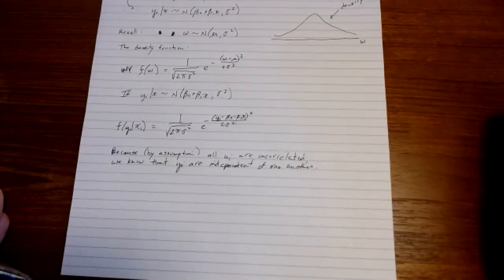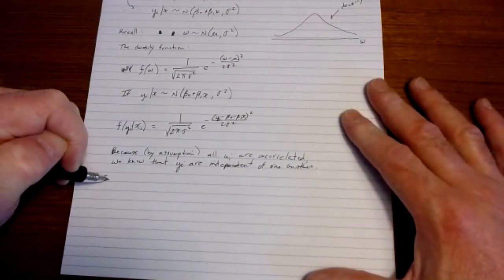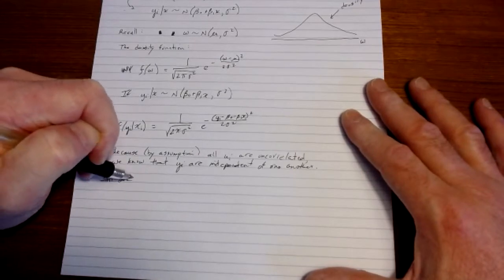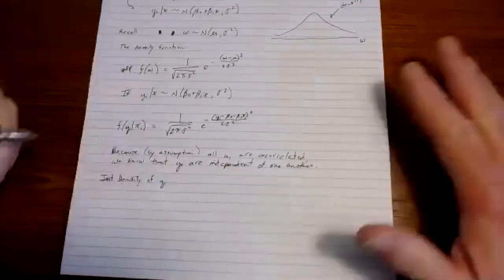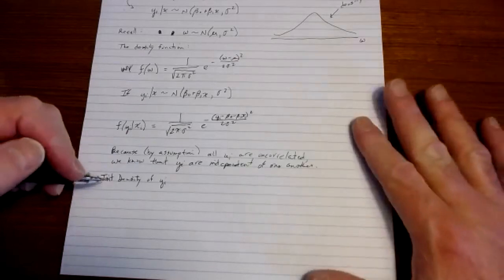Okay. And so we can write the joint density of the yi's. So that's the density taking into account all values of y as follows.